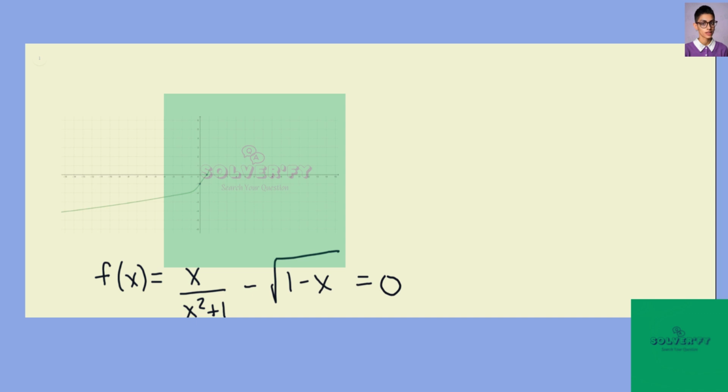And then this is the graph. So we can pretty much see that what we're looking for, our answer, is right here, and it's approximately 0.8. So using Newton's method, we're going to hone in on that answer.